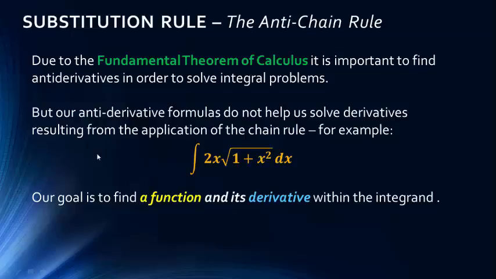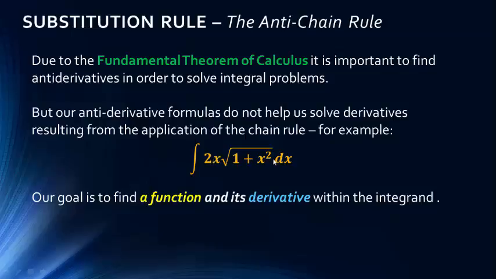If you look at this, we have kind of two functions here, maybe three. We have 2x, that's one function or term. We have 1 plus x squared, which could be another function or term because it's all within the radical. And then technically we have the radical, which you could say is another function. One of the things I noticed right away is that the derivative of x squared is 2x.